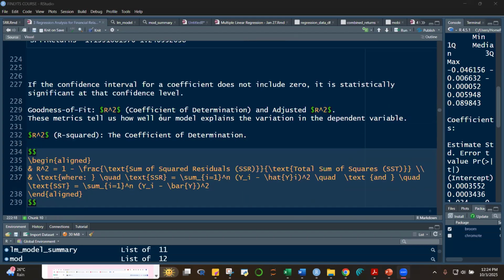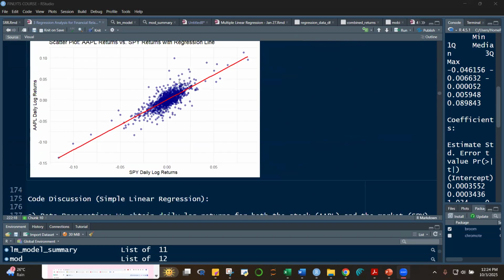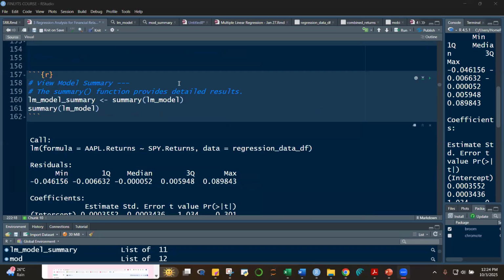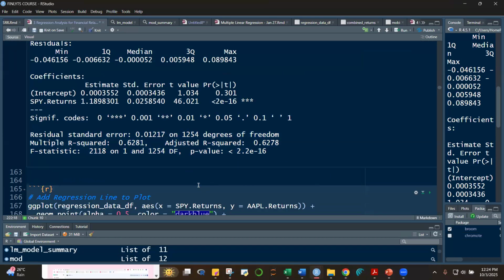Okay, so we'll just discuss the goodness of fit next time, class. But suffice it to say, let me just go back to our regression. Goodness of fit here, class. Here we have the residual standard error.